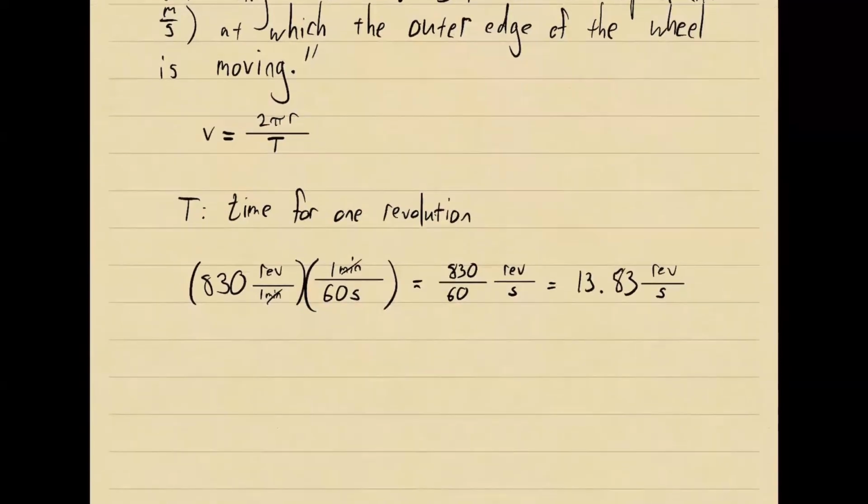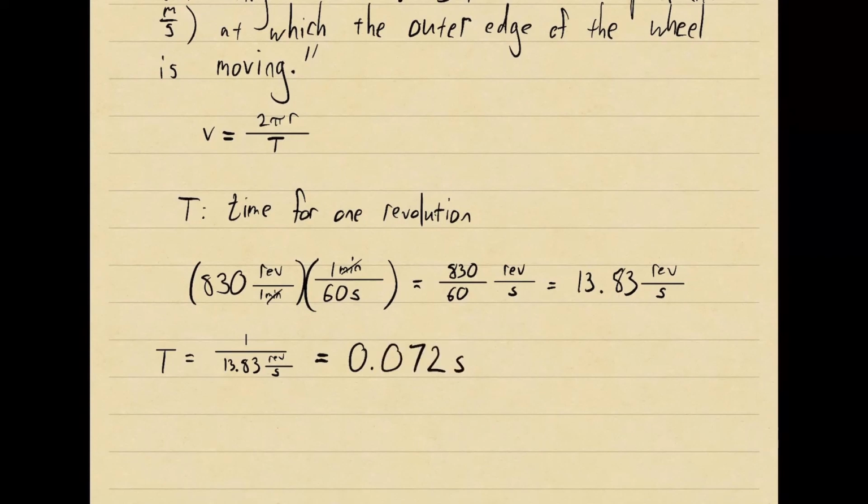Right, and we're looking for the time for 1 revolution. So in our case, the time is going to be 1 over 13.83 revolutions per second. So this is going to be equal to 0.072 seconds.